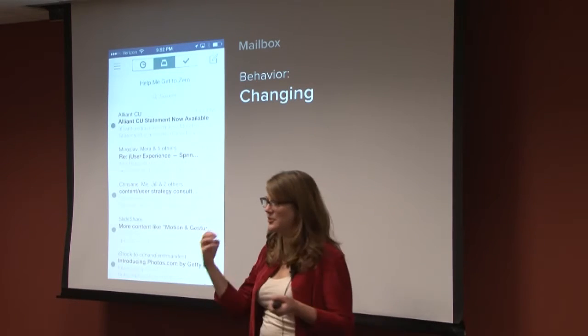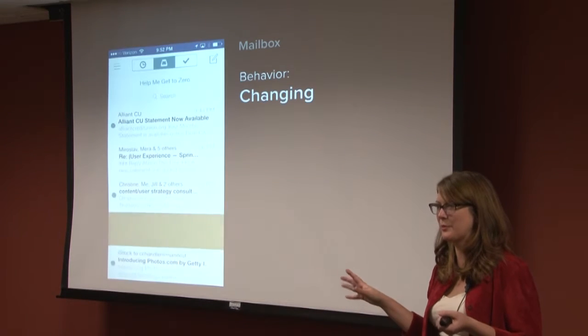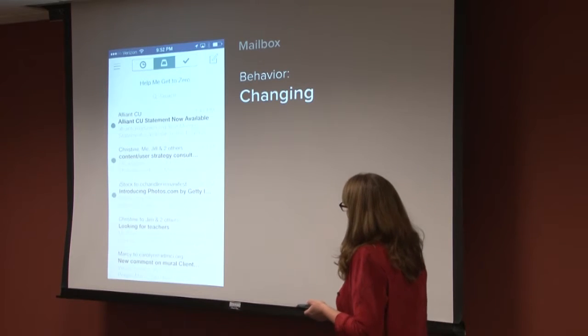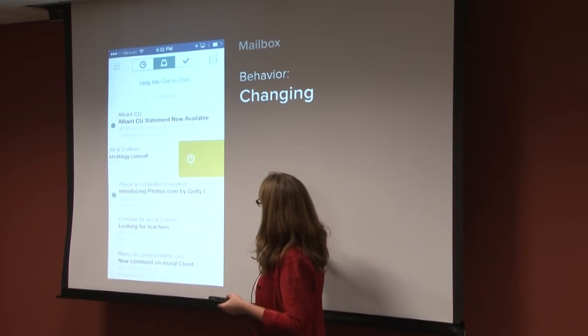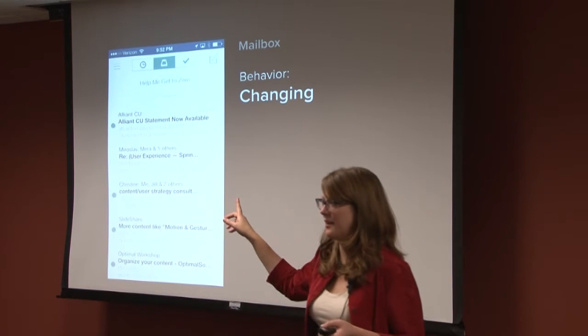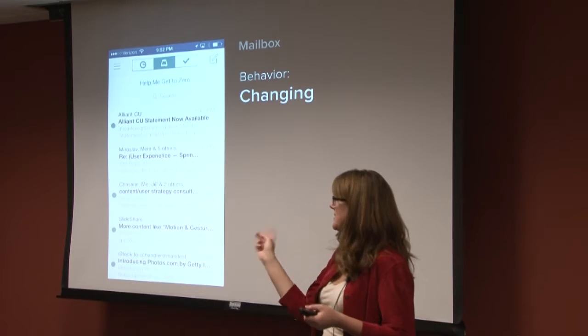Right there. And the color shifts and the symbol changes too, because you don't want to rely everything on color, because there are a lot of people who are colorblind. 10% of men, by the way, have some kind of colorblindness. So these motions mean I'm getting rid of it, either archiving or deleting. And then anything to the left means this is going somewhere.